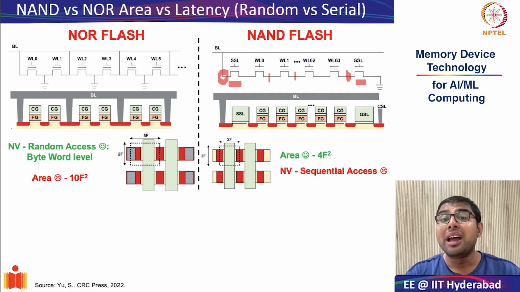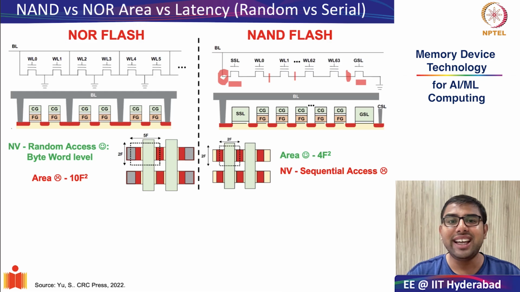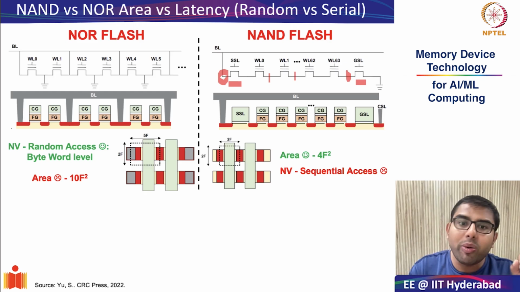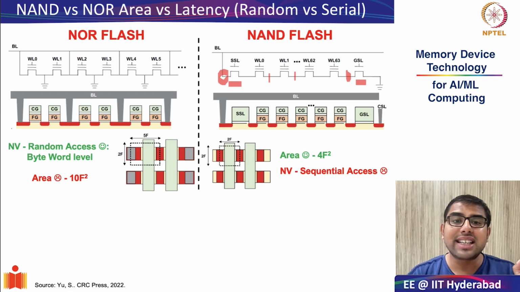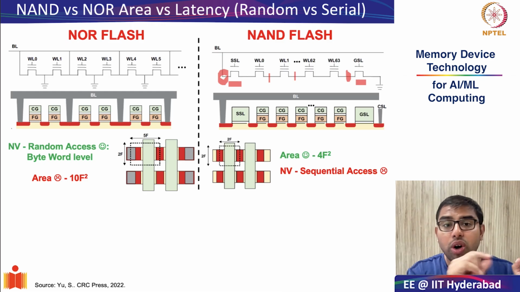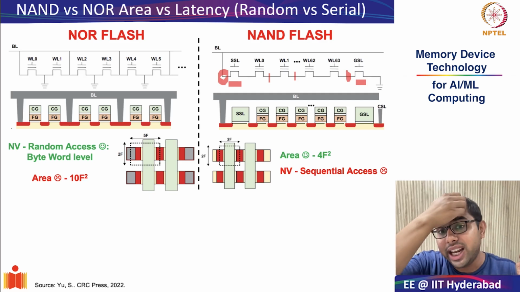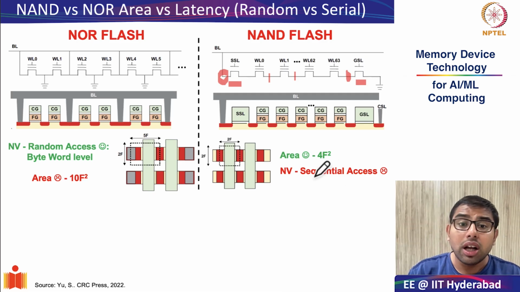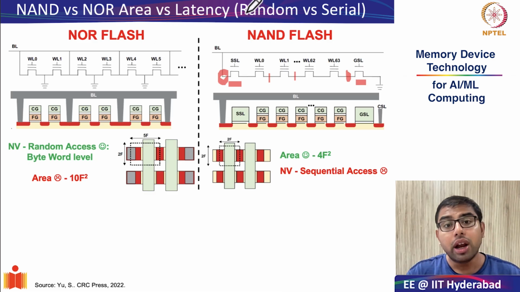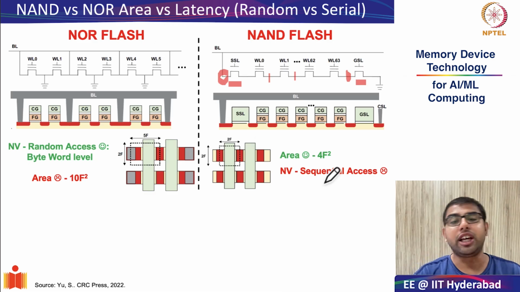But what is the bottleneck, or what is the trade-off? The trade-off is that all the flash cells in a string are sequentially connected. The access of a NAND flash cell is also sequential. It is not random access at all. Whereas in NOR flash, you can have byte and word level random access. In NAND flash, you can only have sequential access.